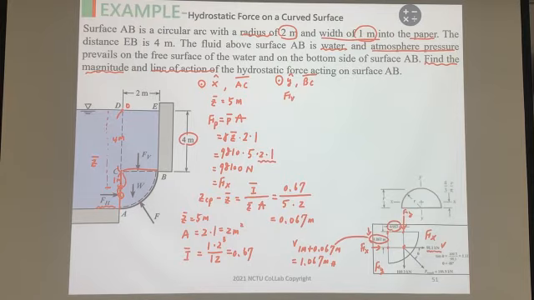Because we know the force is contributed from the water columns above the BC line. So this is water. Actually, this is the gamma water, and the depth is the 4 meters. The depth is the 4 meters.